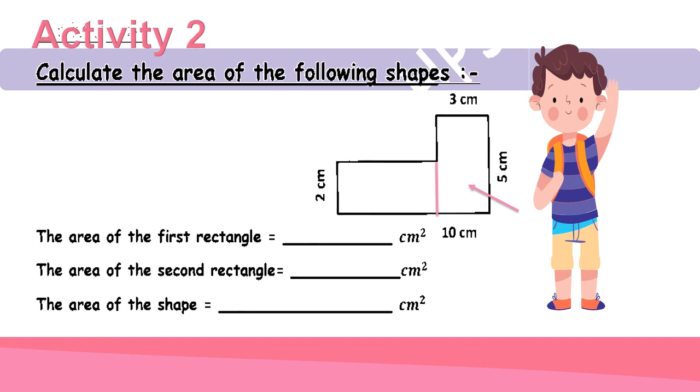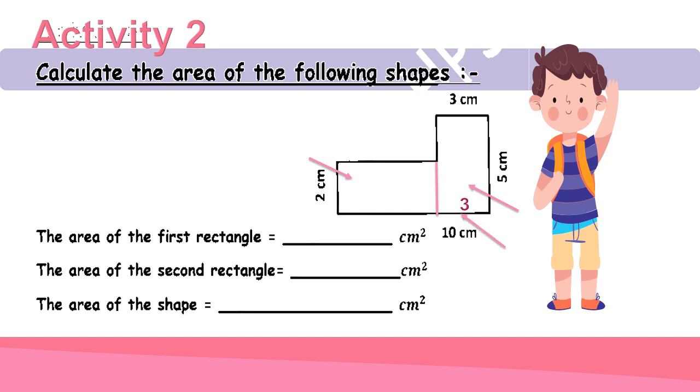So I have to get the length and the width of the other rectangle. Okay, but I don't have the length of the other rectangle, but I have the whole base, which is 10 centimeters. Okay, if in the first rectangle this width is 3, the opposite side will be 3 too.